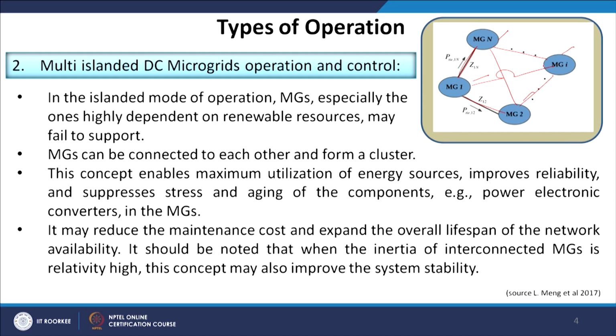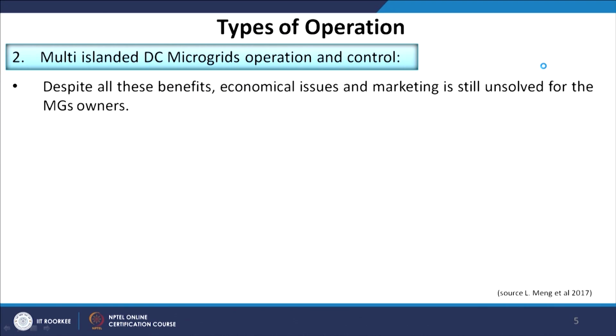It should be noted that when the inertia of interconnected microgrid is relatively high, this concept may also improve the system stability. Despite all these benefits, economical issues and marketing are still unsolved for microgrid owners.